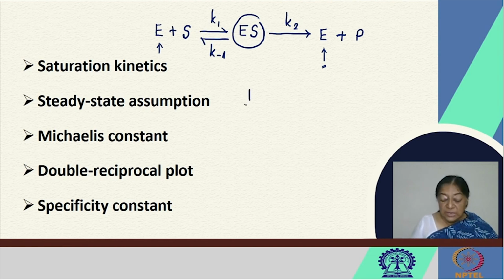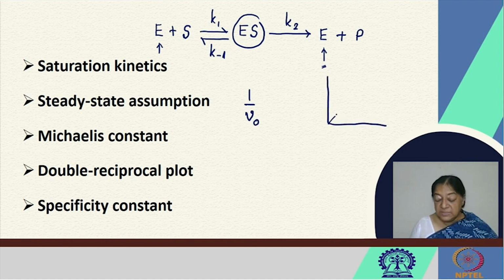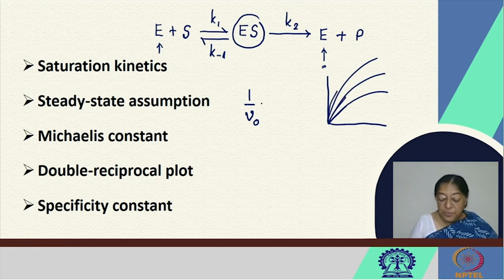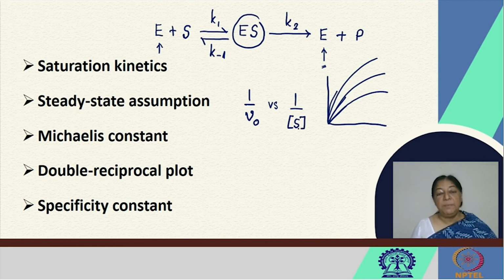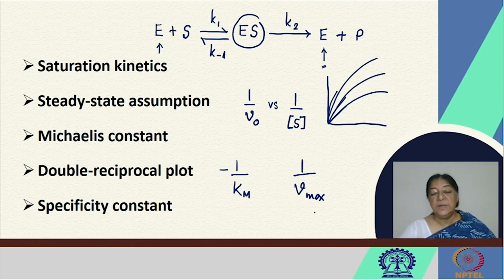We then found that if we look at a double reciprocal plot, where each of these plots at various substrate concentrations give us specific initial velocities that were the initial slopes of the graphs, and we plot 1 by V0 versus 1 by S, the Lineweaver-Burk plot, we are able to get on the x-axis the intercept equal to minus 1 by Km, and the intercept on the y-axis corresponded to 1 by Vmax, giving information about our enzyme.